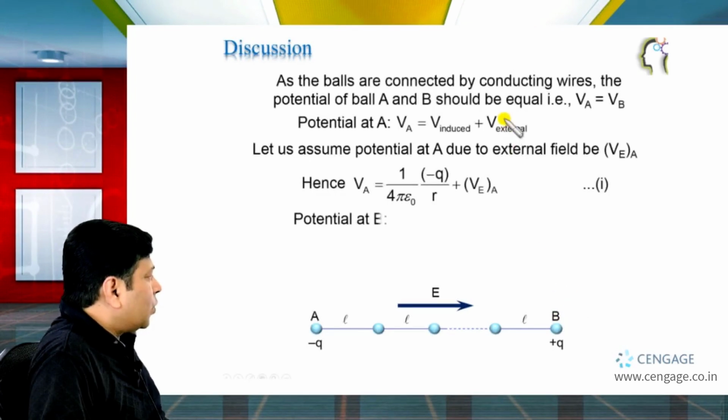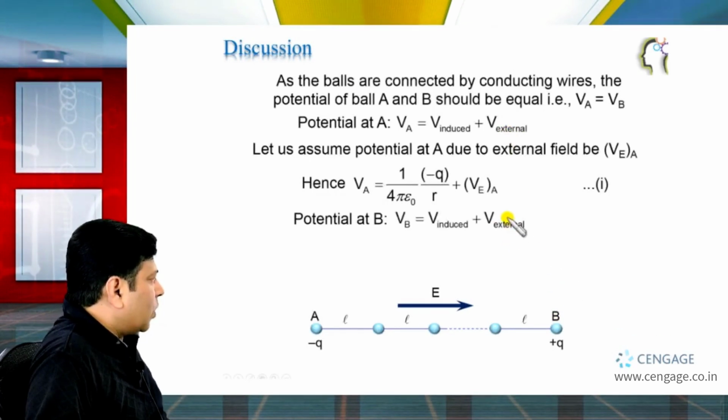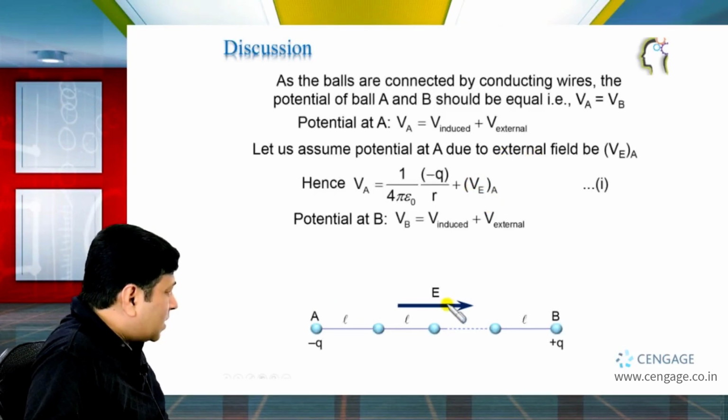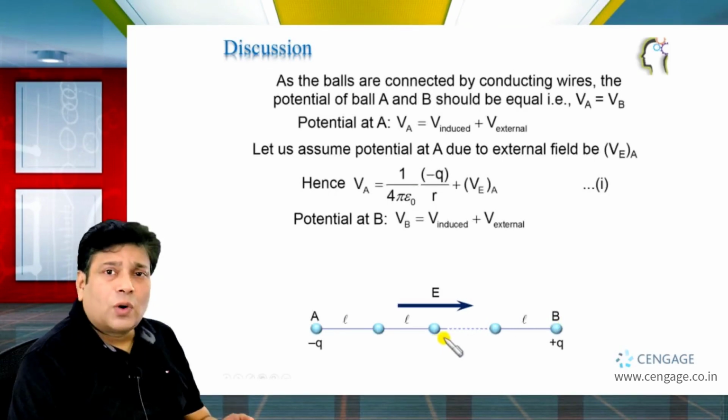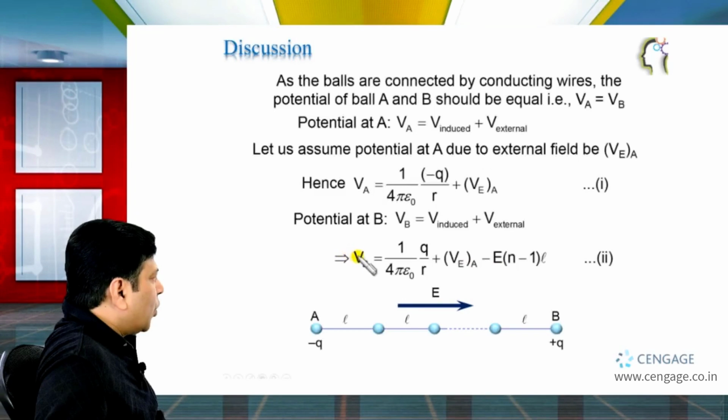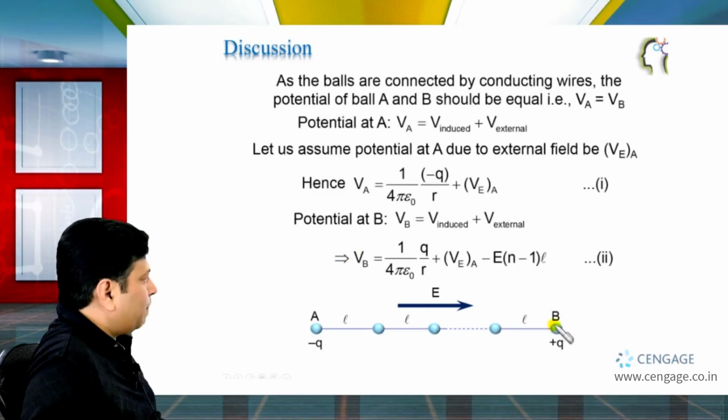The potential due to the external field should be VEA minus E multiplied by the separation between A and B, which is equal to (n minus 1) multiplied by L. So this is the potential at position B.